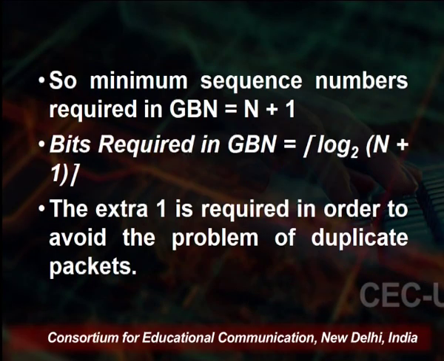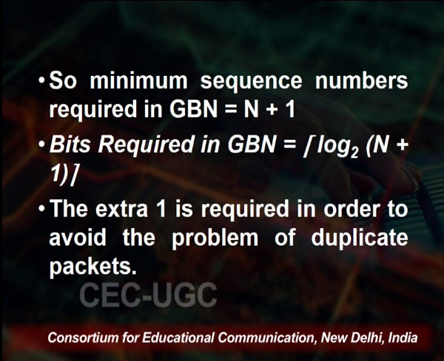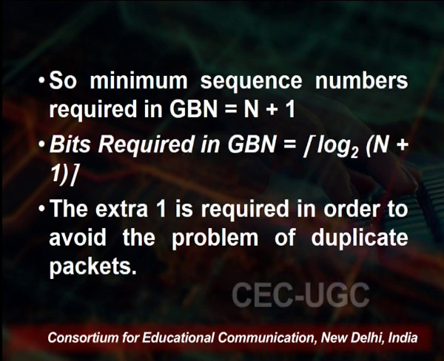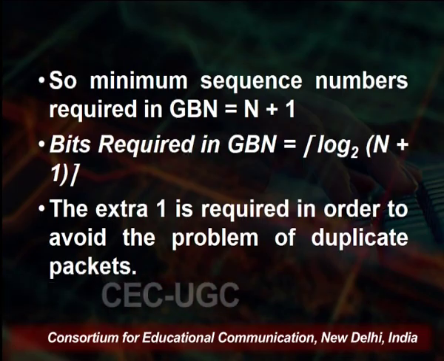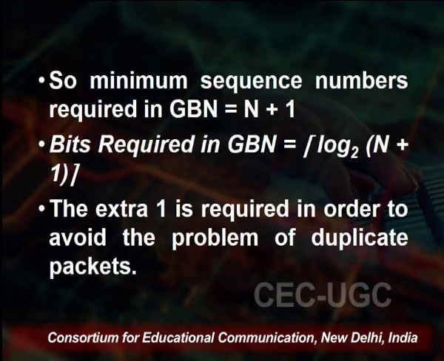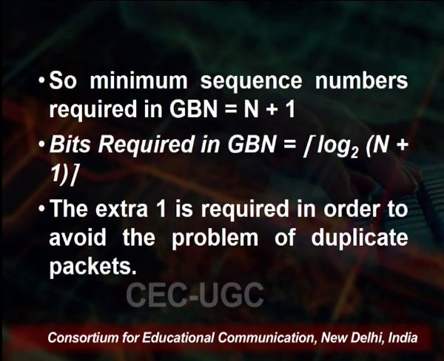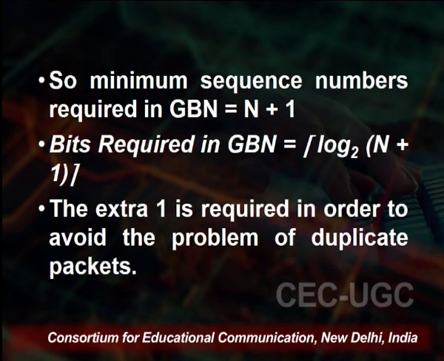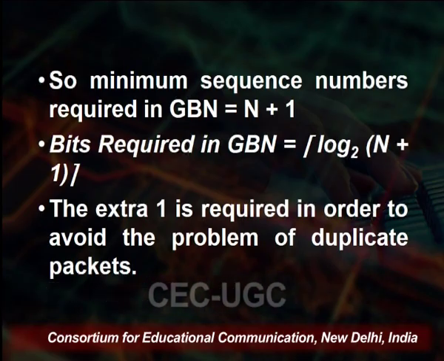So the minimum number of sequence numbers required in go back N is N plus 1, and obviously the bits required in go back N will be the ceiling of log of N plus 1, where log is with base 2. Now, why is this extra 1 required? This extra 1 is required in order to avoid the problem of duplicate packets.